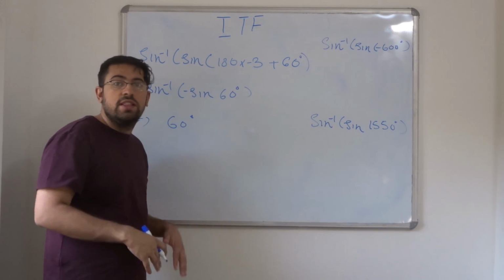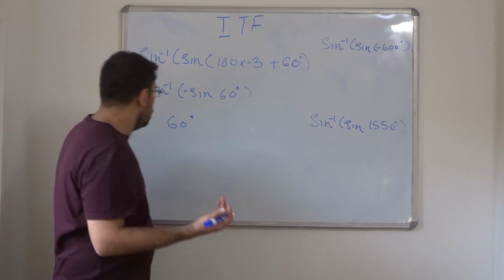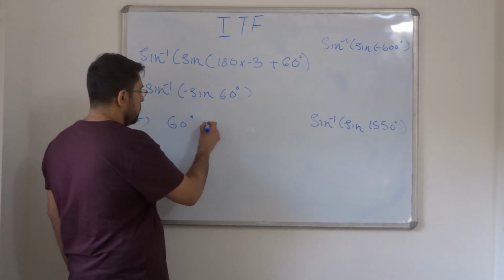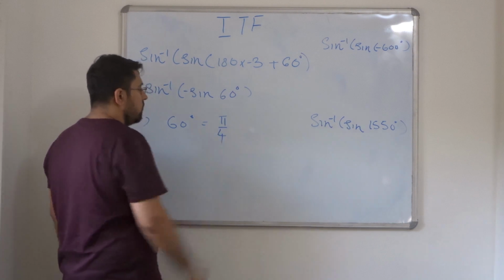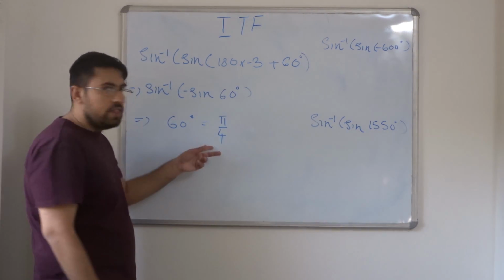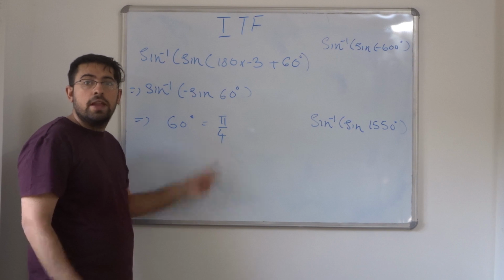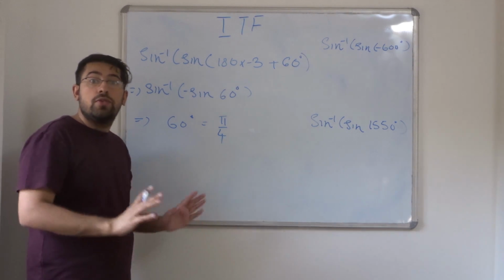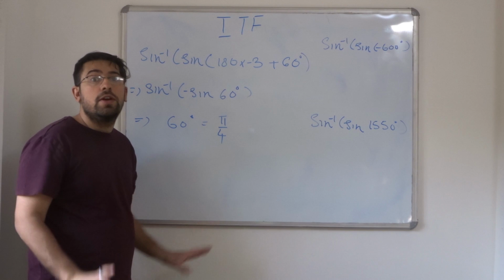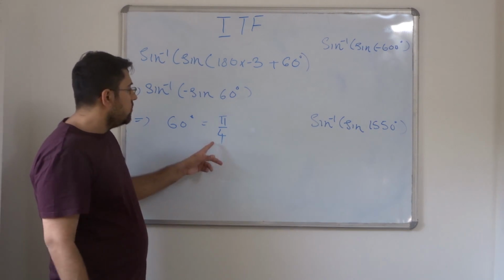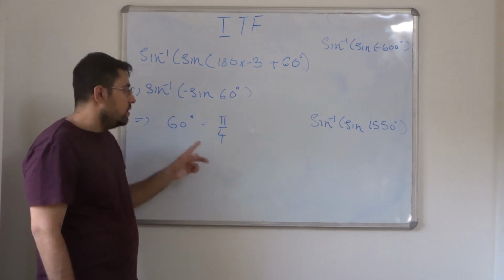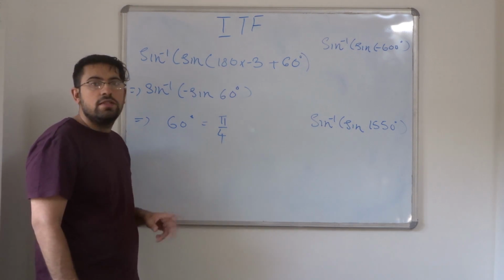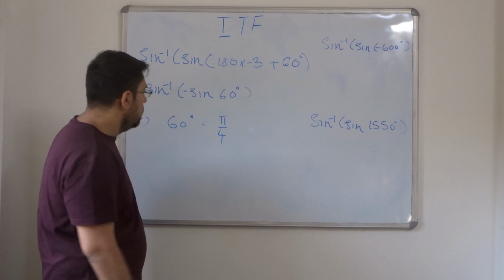You can even write it in the comments if you want. So radians for this is pi over 4. I think it's correct. Now I want you to tell me whether I'm right or wrong. I want to see whether you know how to convert from degrees to radians.